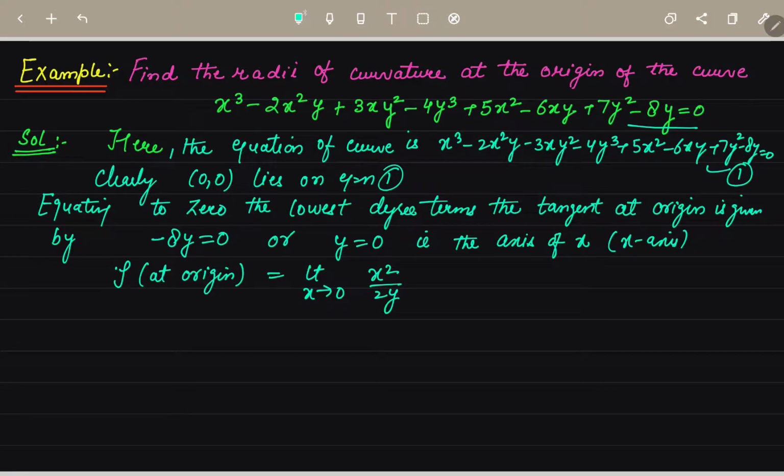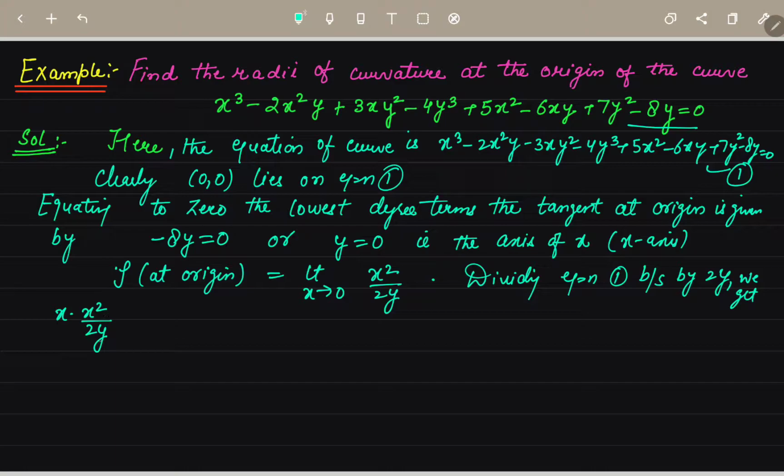Okay, so dividing equation first both sides by 2y, we get, so I can write it as x into x square by 2y, because I want this expression, means after applying the limit, I will put directly the value of rho, means instead of this term I will write there rho.